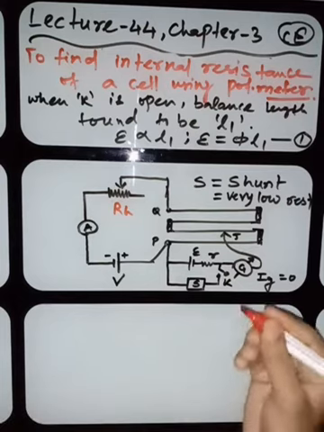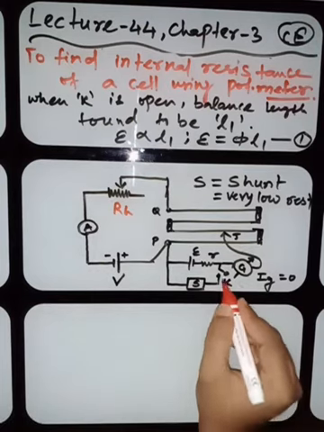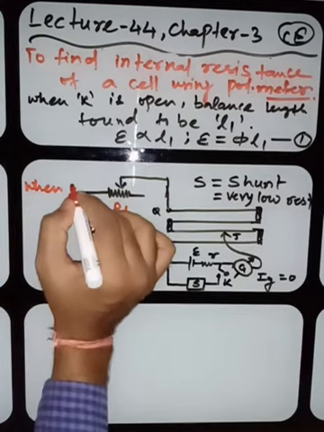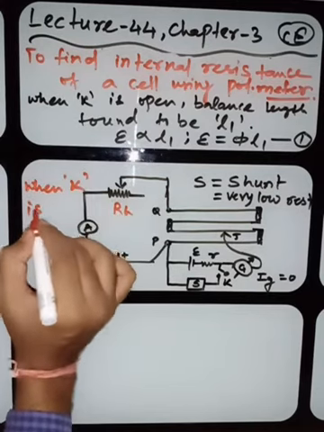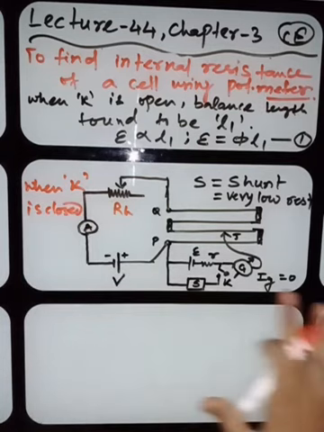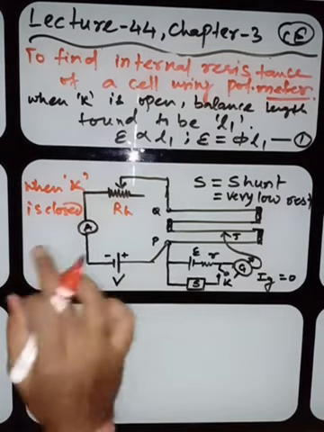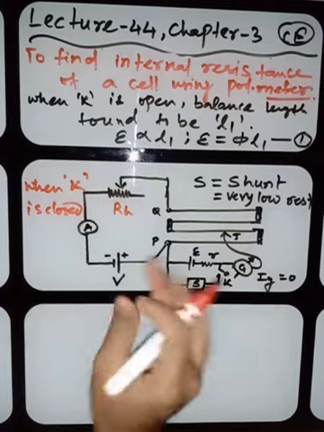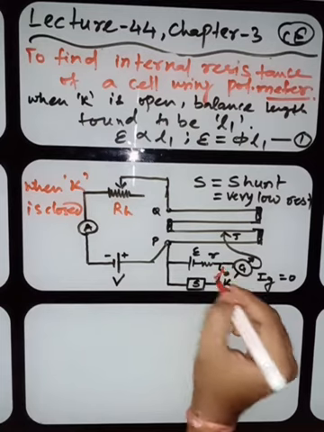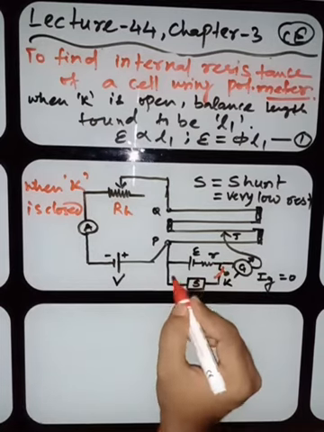Now this key will be closed. When K is closed, here I don't have sufficient space, that's why I am writing over here. You have to write in your notes properly. When K is closed, what will happen? Now the current will start flowing.